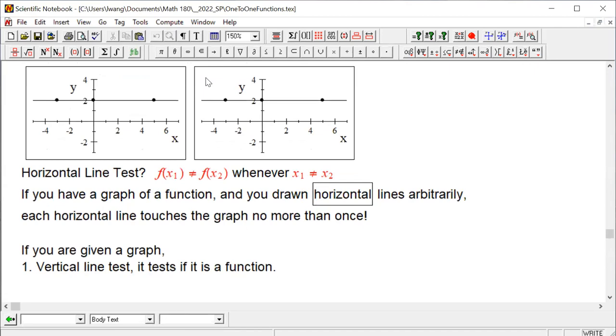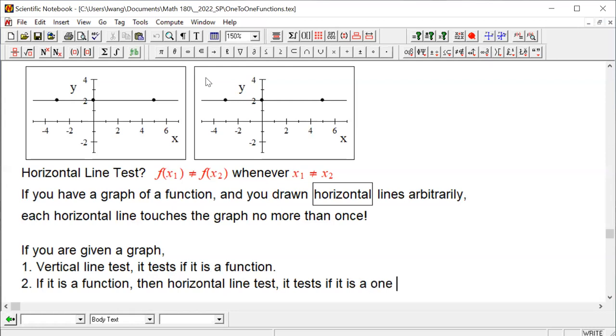Now, if it is a function, then horizontal line test. And this tests if it is a one-to-one function.